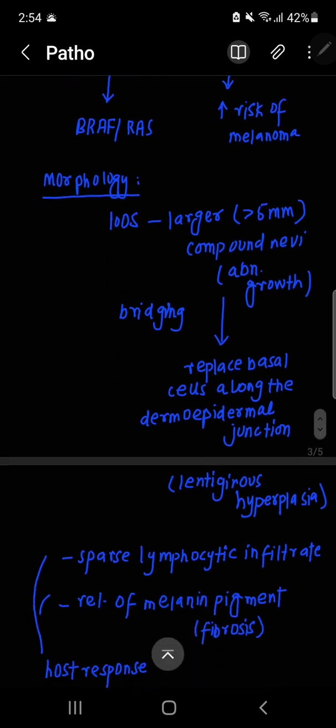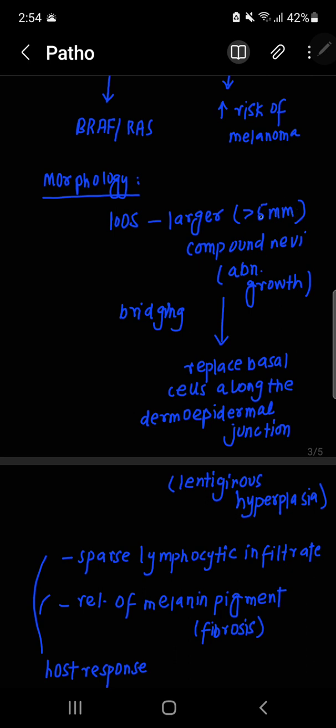So what is the morphology? Dysplastic nevi are quite abundant when they're present. They are in the hundreds, and for example, in this picture you can see numerous irregular nevi on the back of a patient with dysplastic nevus syndrome. Please follow the pictures in Robbins and Cotran. They're irregular and comparatively larger, more than 5 millimeters.